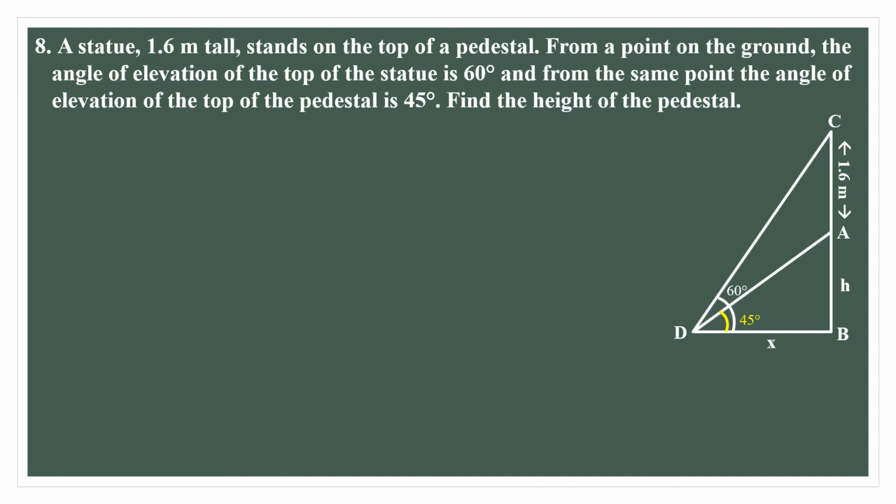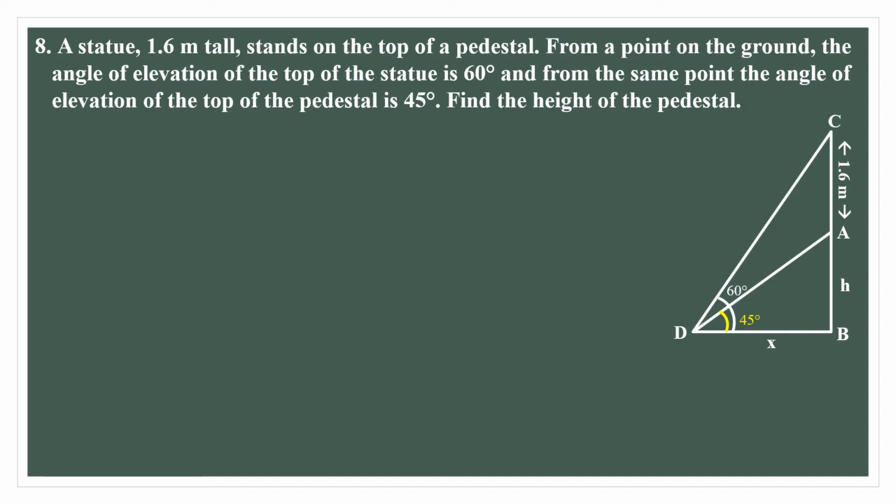Now what we need to do is see what things are given, see what we need to find, and then find a trigonometric ratio which gives us the relationship between the known and the unknown, and then simplify. Here, as you can see, we have two unknown values, one is h, another is x.